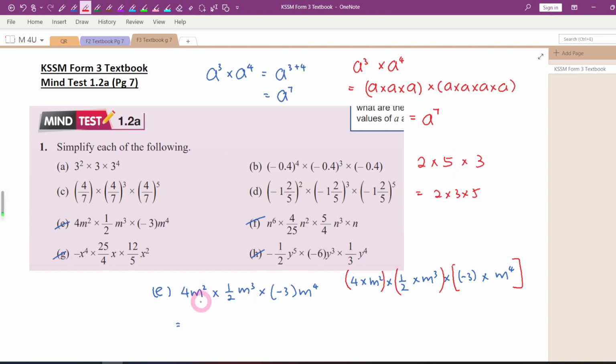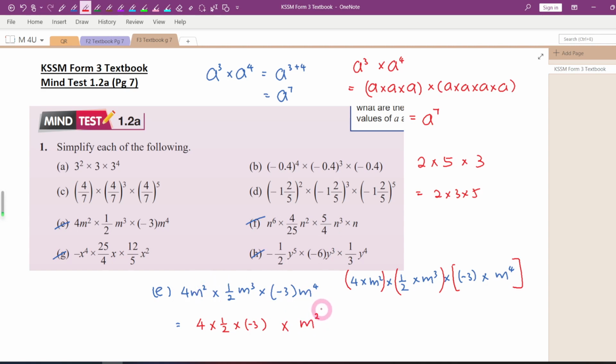We rearrange it. So group the numbers together first. 4 times 1 over 2 times negative 3. Okay, then multiply. This will be the m part. So m power 2, m power 3, m power 4, we just add up their power.